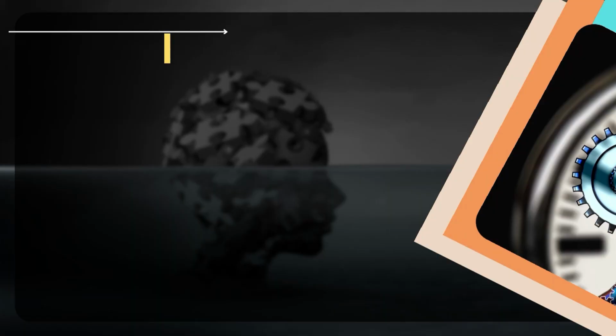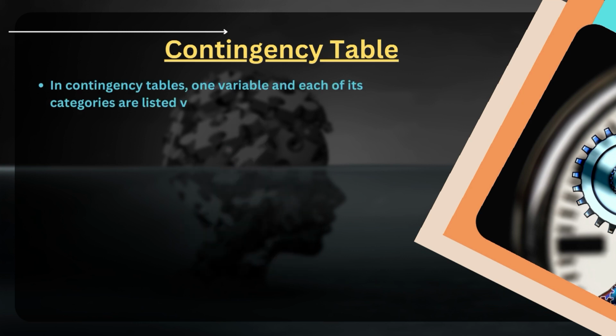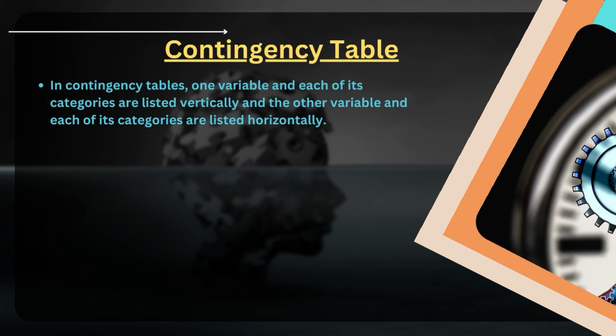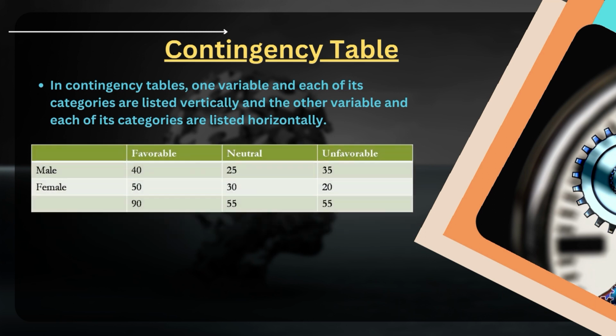Now let us understand in detail what is a contingency table. In a contingency table, one variable and each of its categories are listed vertically and the other variable and each of its categories are listed horizontally. Let us go through this particular table.